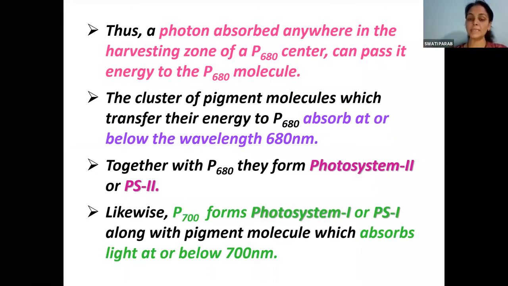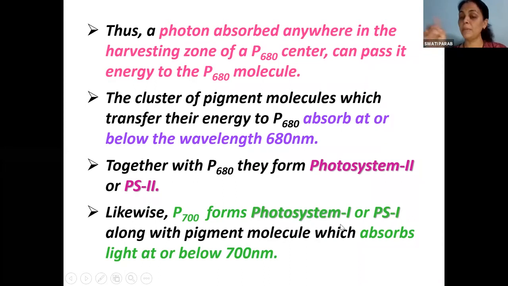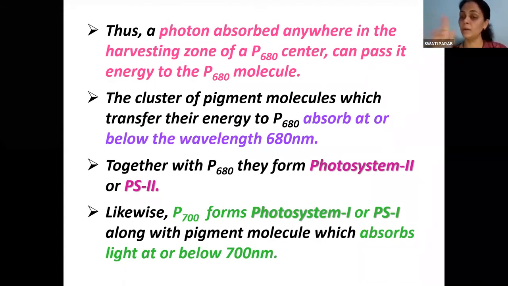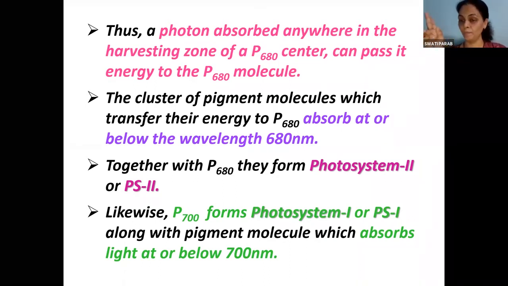So P680 forms photosystem 2. P680 will be PS2 and P700 will be PS1. Keep this fixed: P700 is 1 and P680 is 2. Don't try to go more deep into it. Just try to understand what I said.